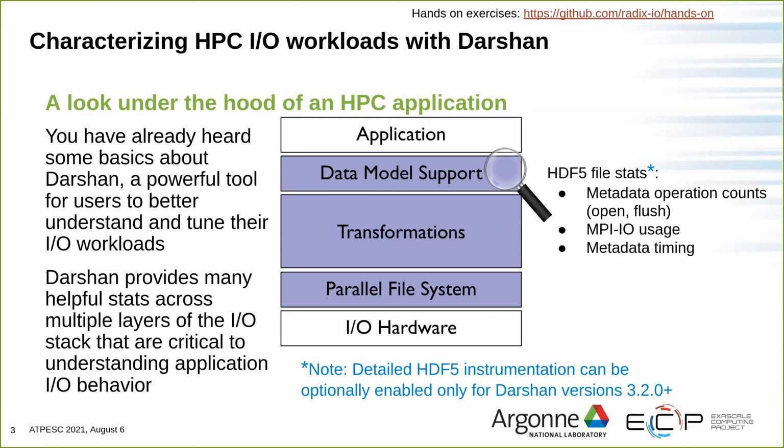Here I'll quickly walk through the types of stats and information that we capture from different API levels. I don't think I got a great chance to do that in the intro to Darshan talk, as it's lower level detail, but this should give you some ideas about what sort of information we're capturing, and then we'll use that information for some use cases to walk through.